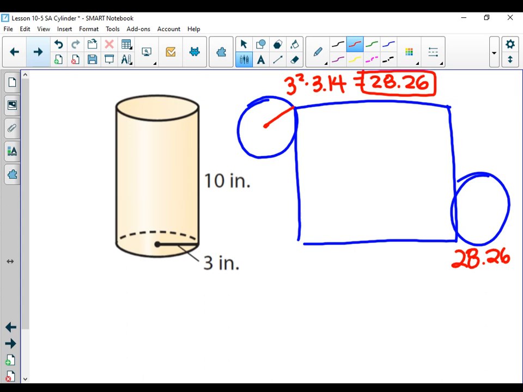Weston, do you know the height of my rectangle? No. Oh boy, here's the trickiest question. Addison? 2 times 5.